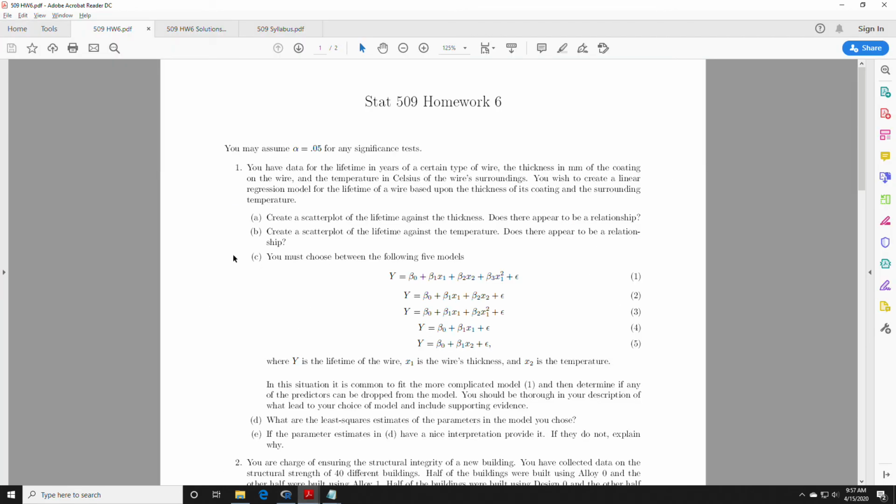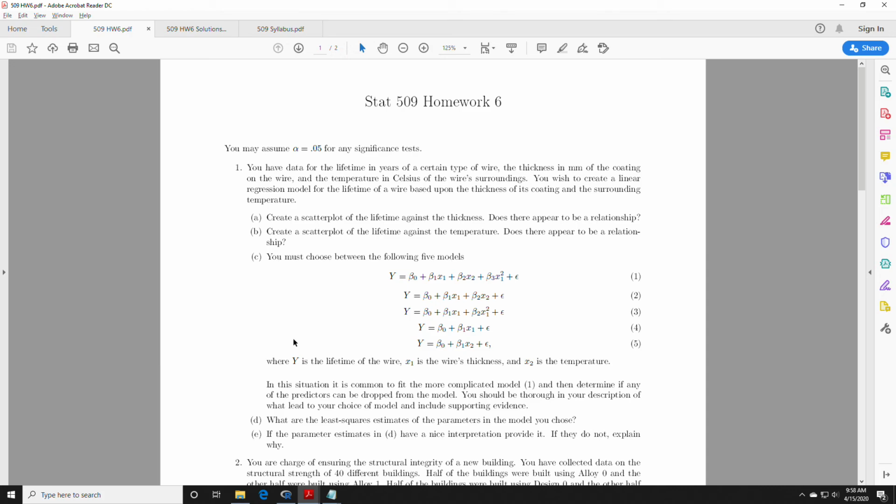All right, so number C, we must choose between the following 5 models. I mentioned it's common, when you're trying to model data, that we have two different predictor variables, x1 and x2, and our response variable. That's what our data set contains, those 3 variables.